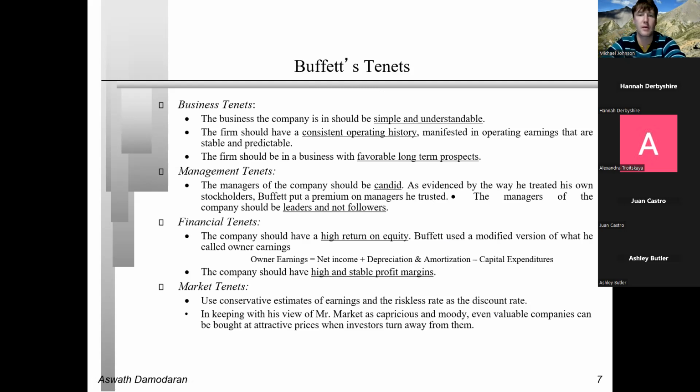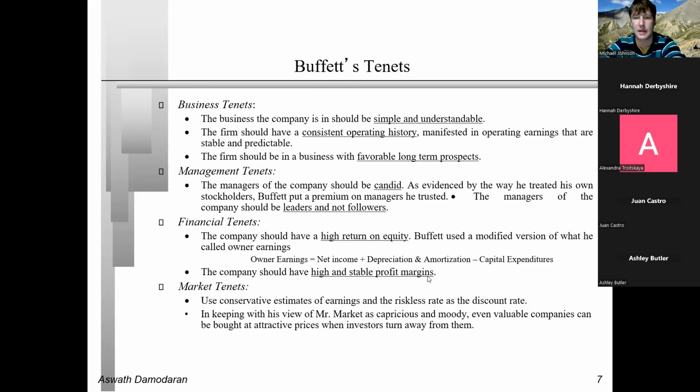And it must have a high return on equity. Return on equity you can find in Google Finance, Yahoo Finance. That's a stat you can find in all those online financial search engines, and you want to have a high return on equity.